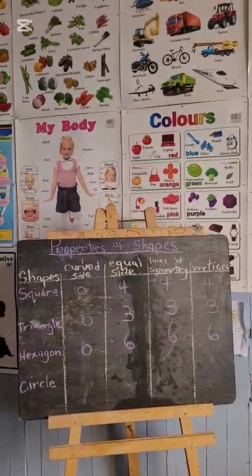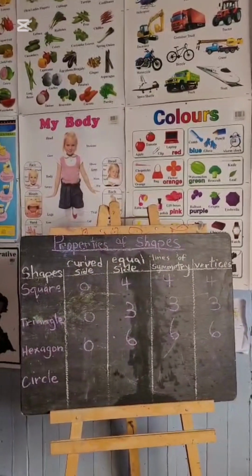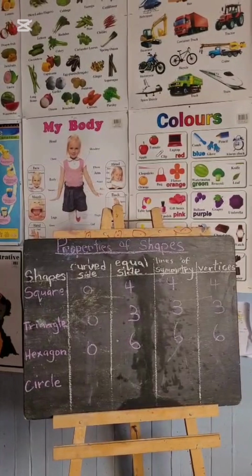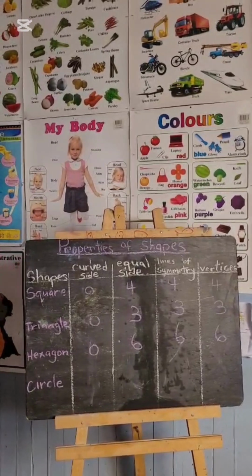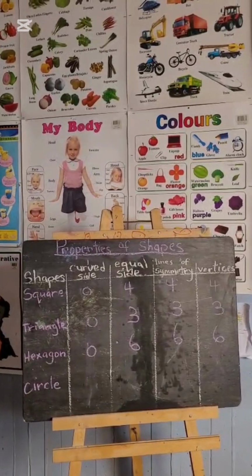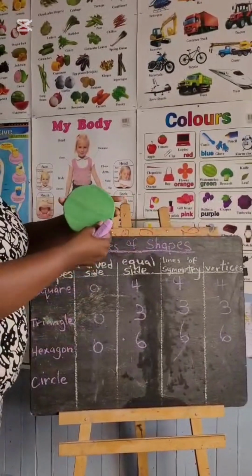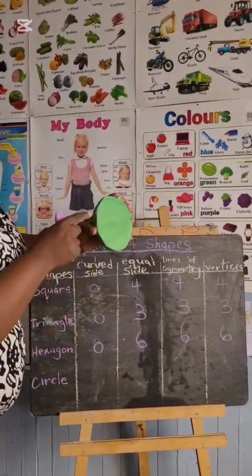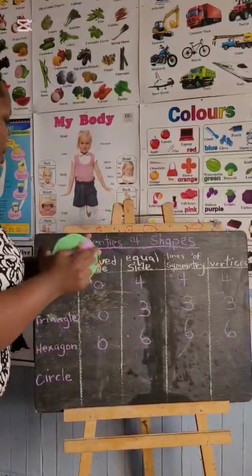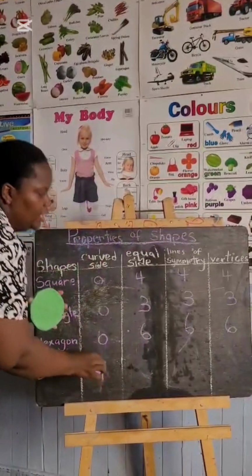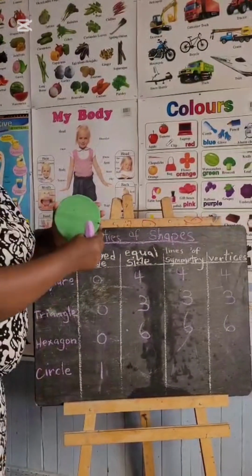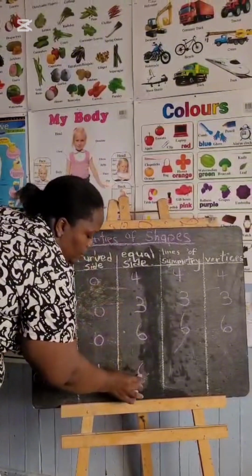Now the last shape we'll be looking at to complete our exercise for today would be the circle. Yes, the circle. Now with the circle, we can see the curve. So how many curved sides do we have? We have 1. We don't have any equal sides, so that will be 0.